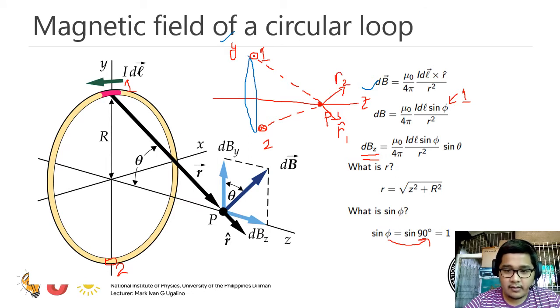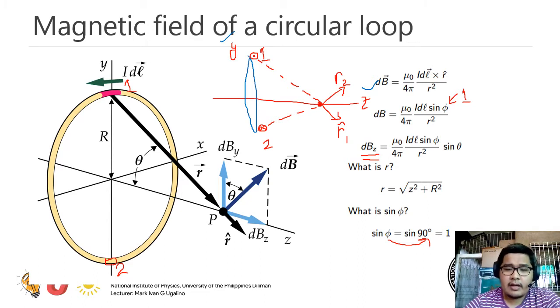So we already identified what R1 is, R2 is, DL1 is, and DL2 is. We already know all the directions.